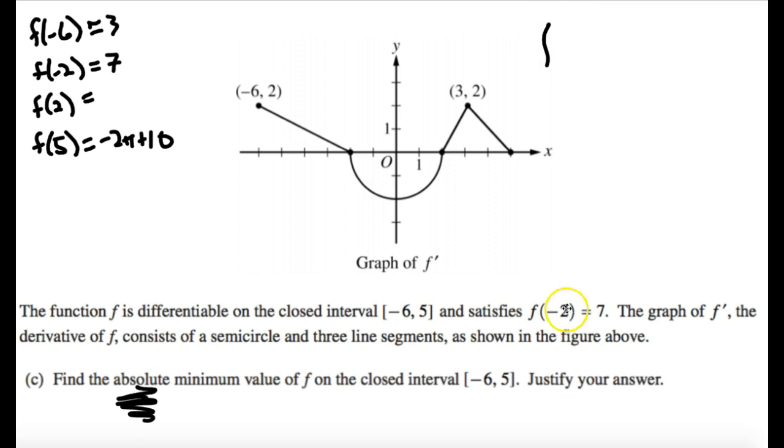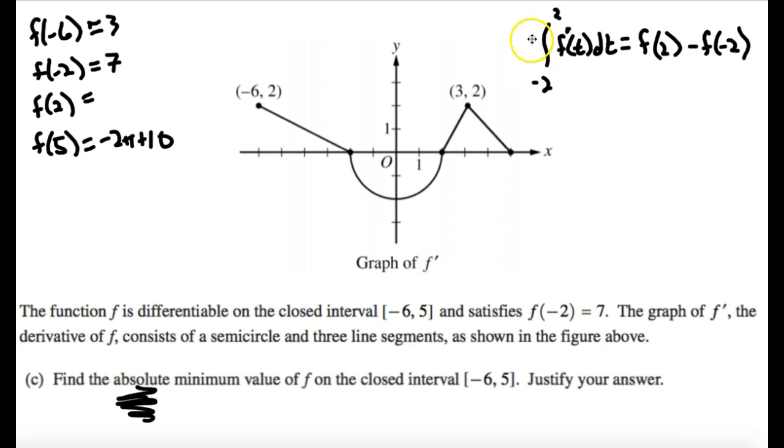So come off to the side here. If we use our initial condition, we'd be going from -2 to 2 of f prime of t dt. So that would be f of 2 minus f of -2.